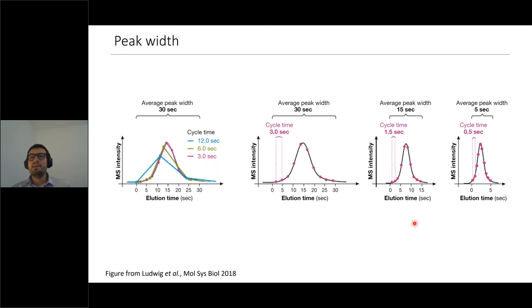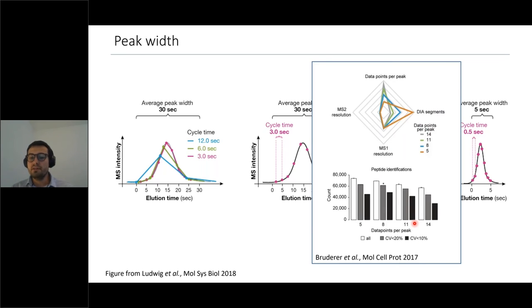And there are many approaches to do this, and I think it's very good advice when you're starting with DIA to check what is a good or optimal number of data points per peak for you to get accurate quantification. And in this paper from the diagnosis people, they had a very nice strategy to find the optimal point, not looking at the total number of identifications, but balancing quantification with identification.